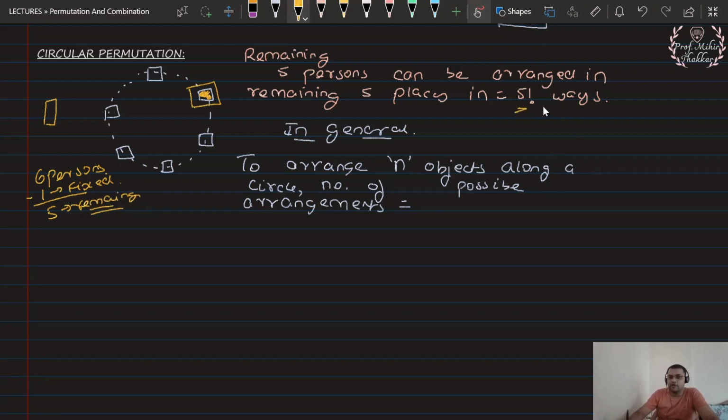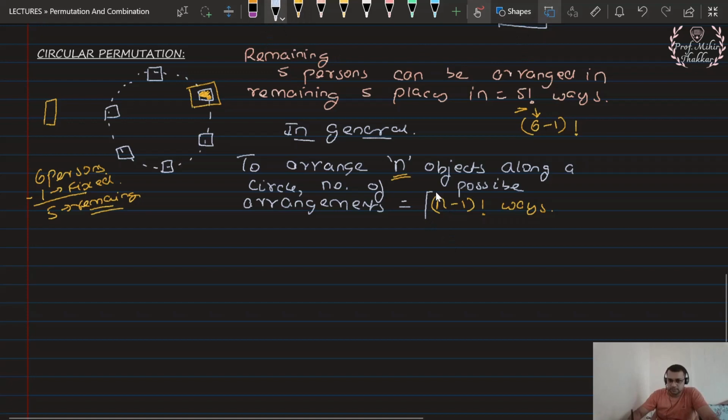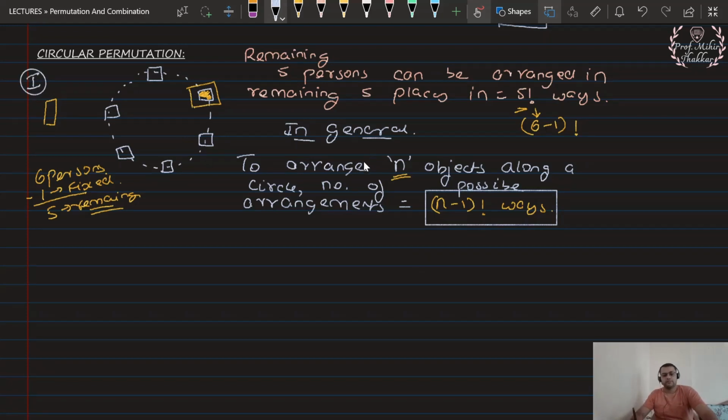The remaining people can be arranged anywhere in these 5 places, so I got 5 factorial. But 5 factorial is actually (6 minus 1) factorial. So in the general case, if there are n objects to be arranged along a circle, the number of arrangements is just (n minus 1) factorial ways. So that is your point number 1.